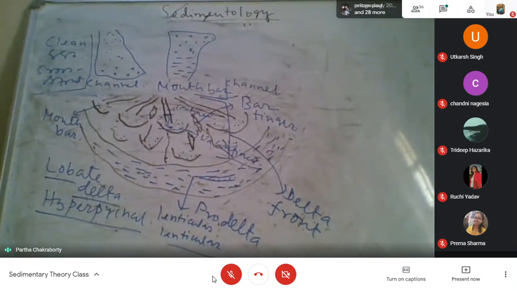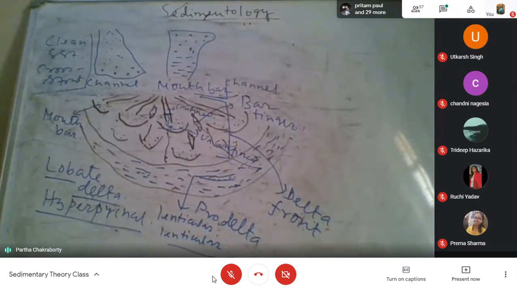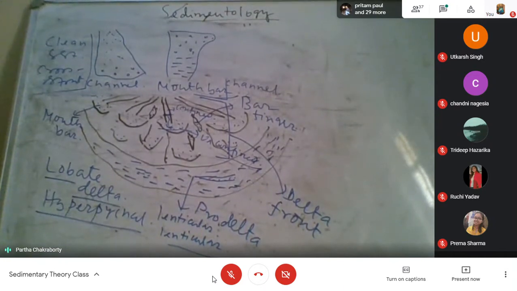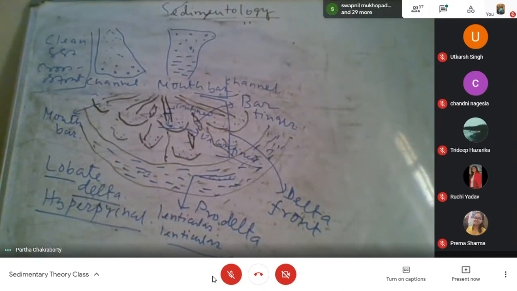These are called the bar fingers. These are some of the best reservoirs for hydrocarbon when the delta becomes hydrocarbon bearing.